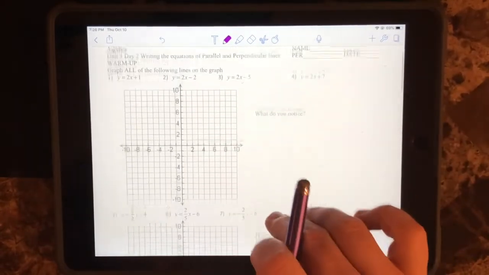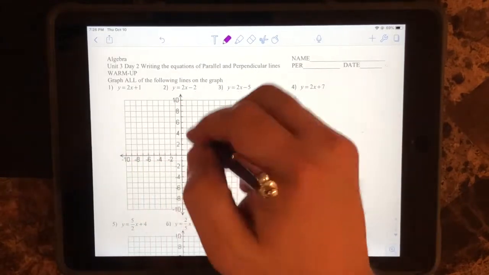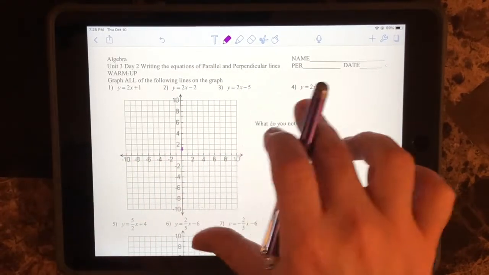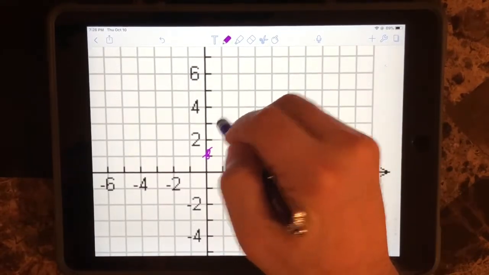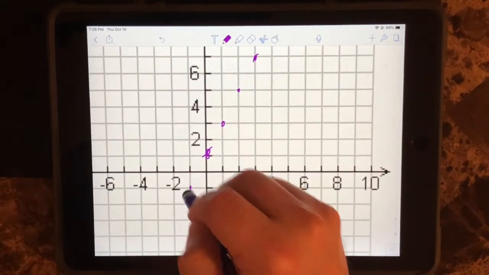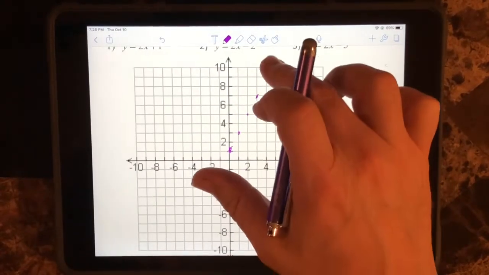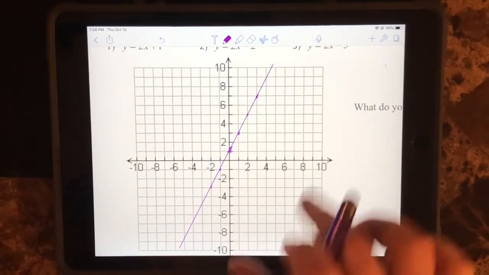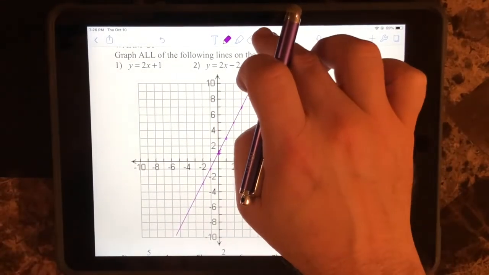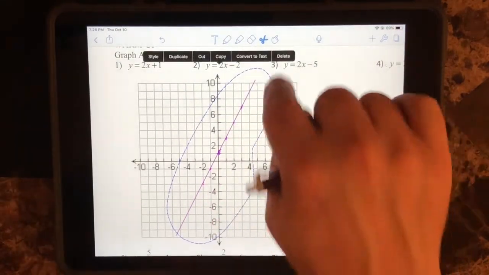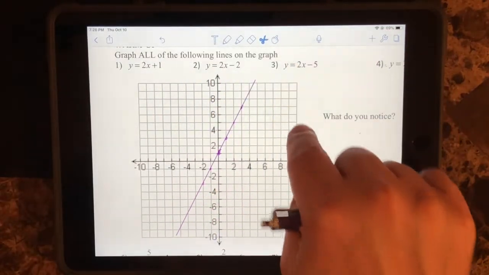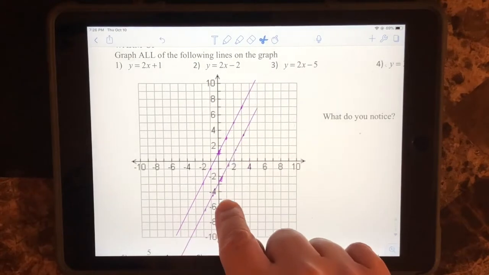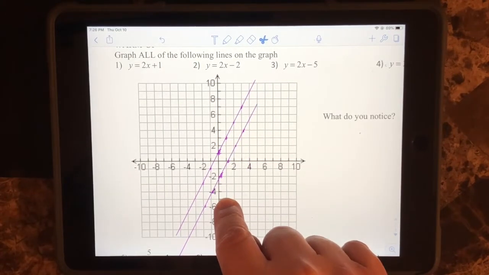All right, so let's look at these. So y equals 2x plus 1 would hit at 1, and then go up 2, and it would look something like this. And y equals 2x minus 2, let's copy that and paste, would look like this.